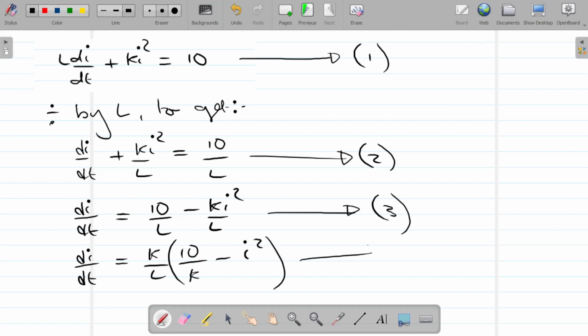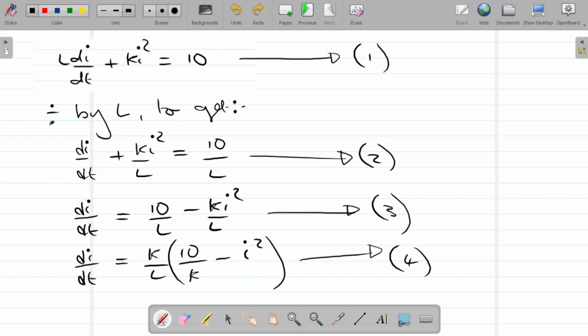We've just simplified the bit in brackets because we ideally don't want a coefficient in front of the I squared. We just want to leave that as a coefficient of 1. It just makes the forthcoming algebra easier.